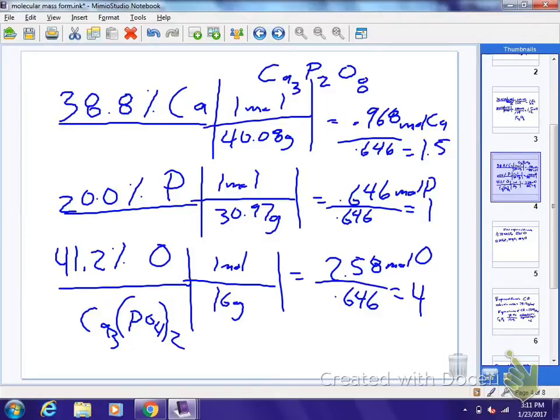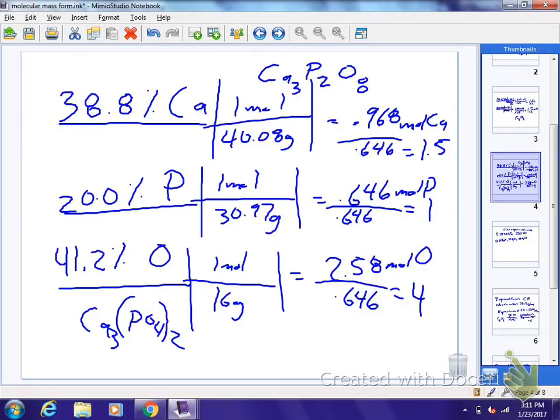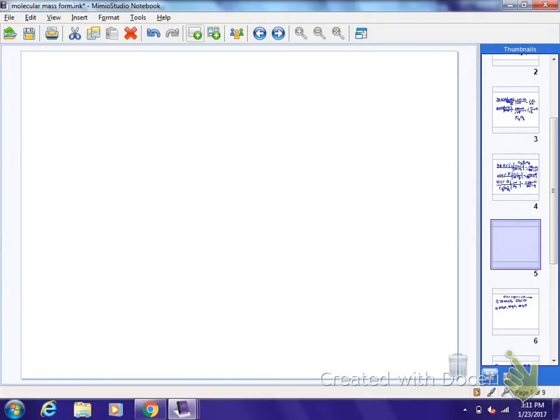A molecular formula would be like this on the board. I better do it on this sheet here. Oh, now I've really messed myself up. Okay. A molecular formula would be C6H12O6. That's what we call a molecular formula.